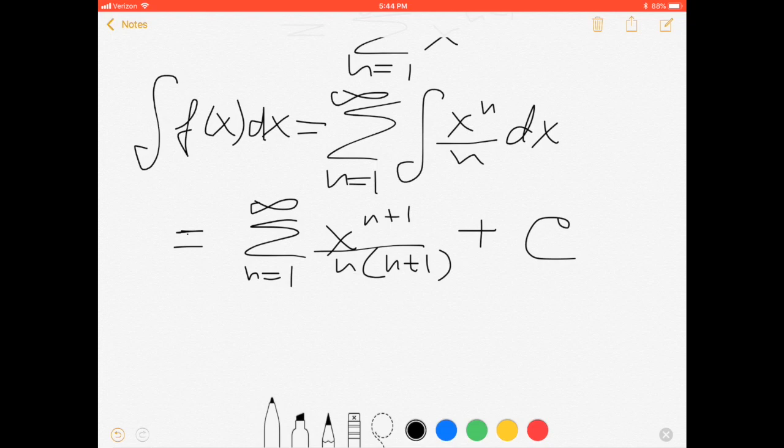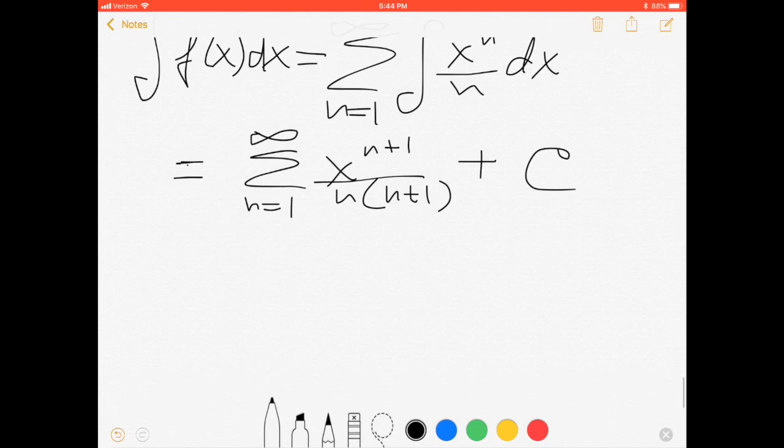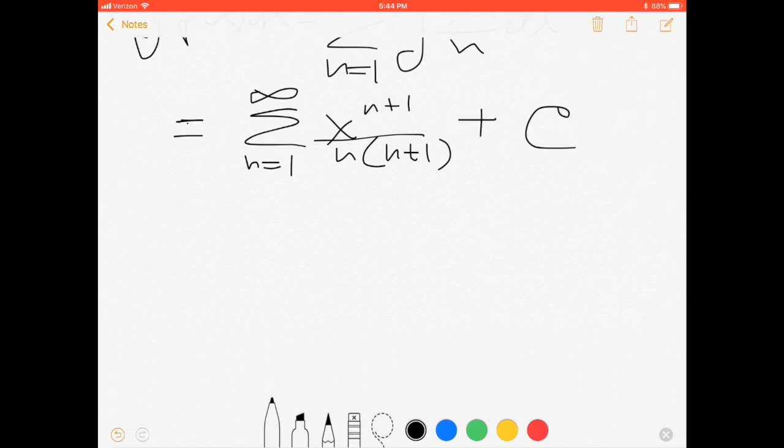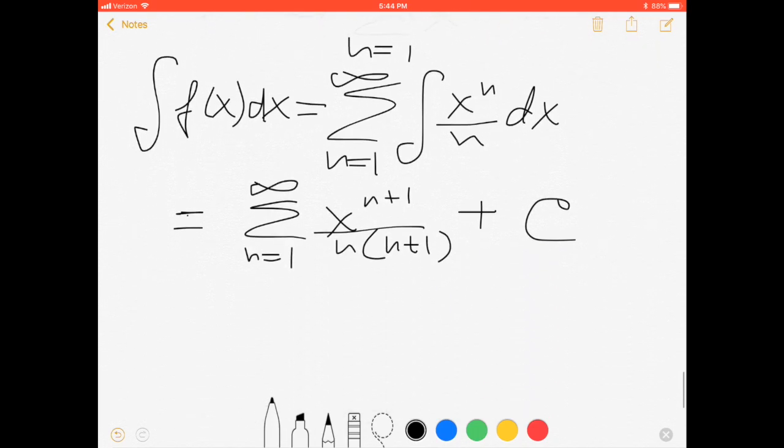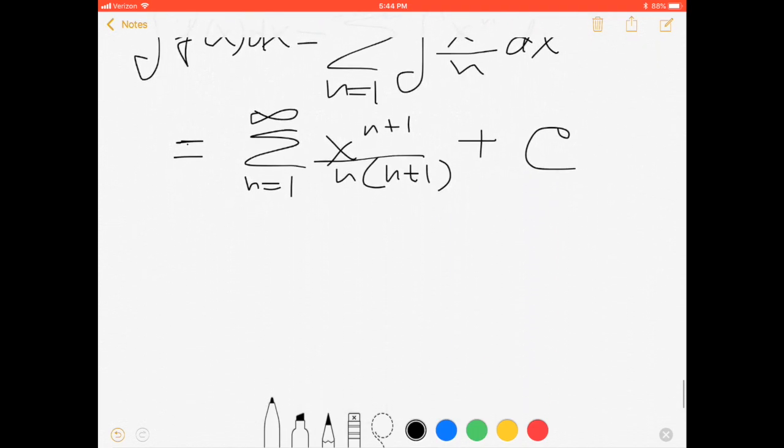Okay, now the question: can we find the radius of convergence and interval of convergence for these three functions? First we do it for the function f(x).